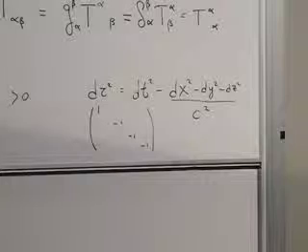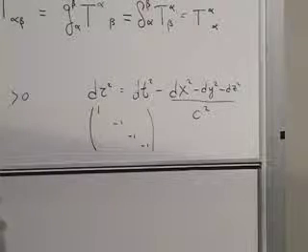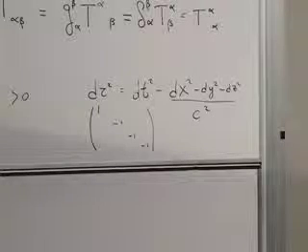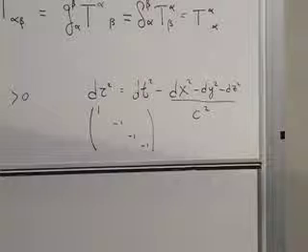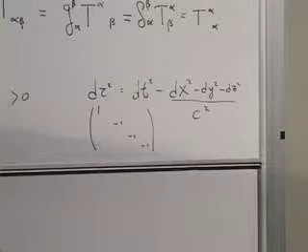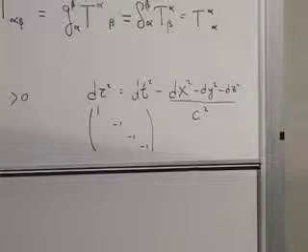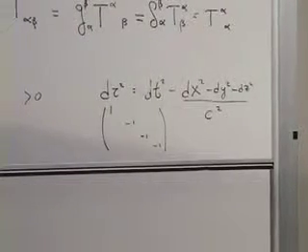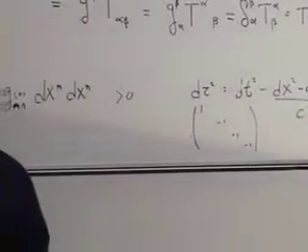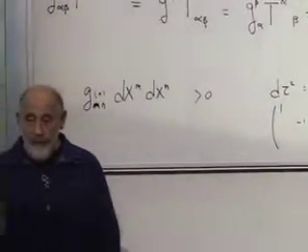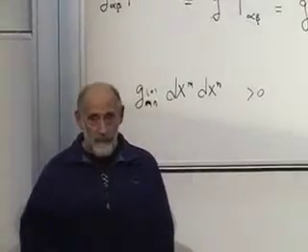How many negative eigenvalues? 3. The 3 negative eigenvalues correspond to the idea that there are 3 space directions, and the 1 positive eigenvalue corresponds to the idea that there's 1 time-like direction. The metric in relativity, general and special, must have the feature that there are 3 space-like directions, which means 3 negative eigenvalues and 1 positive.